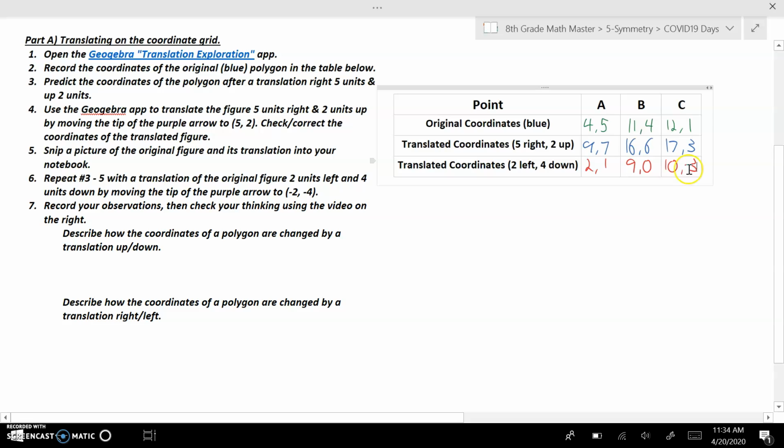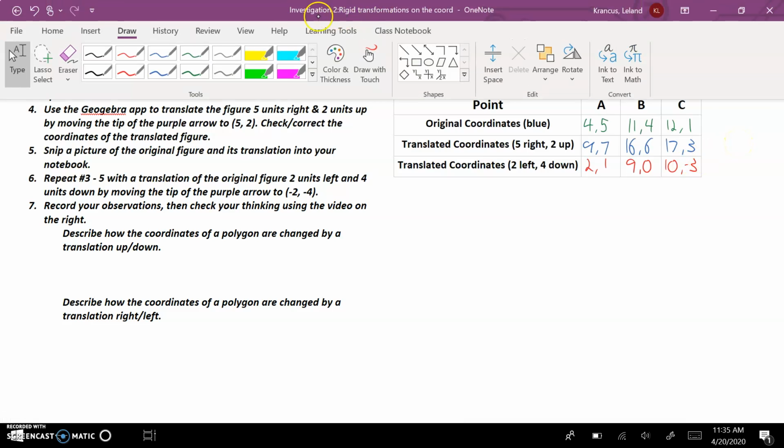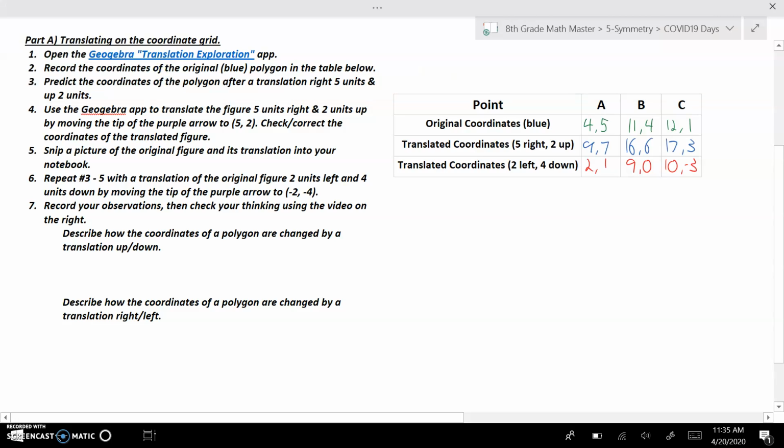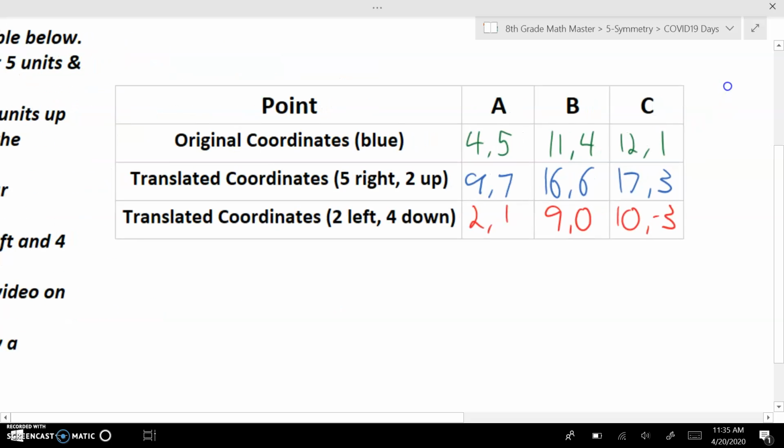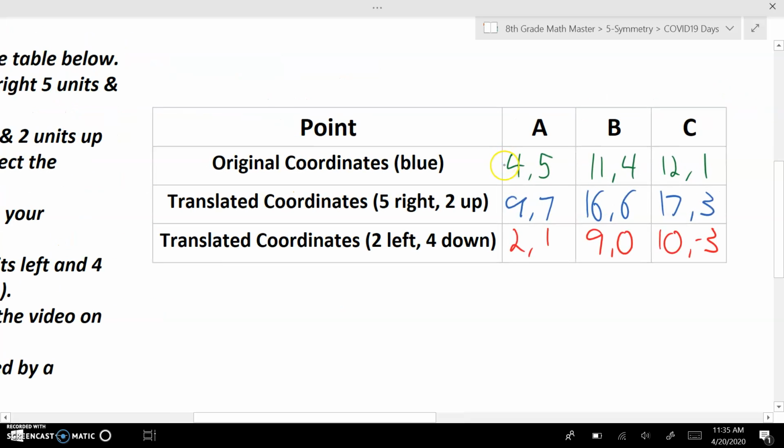And so what we're just trying to see is, when you translate a figure on the coordinate grid, what happens to its coordinates? What I wanted to show is that with translation, it's a matter of addition or subtraction to the x and the y coordinates. So notice when we went 5 right and 2 up, notice on your table that x went up 5 for each of them.